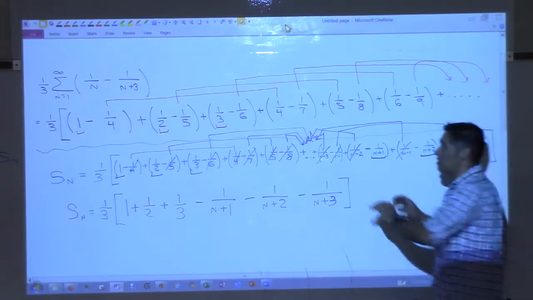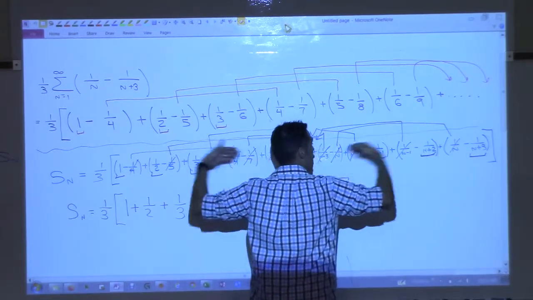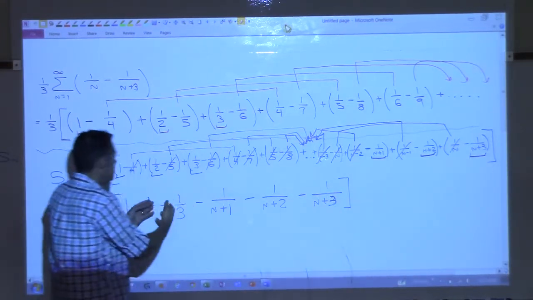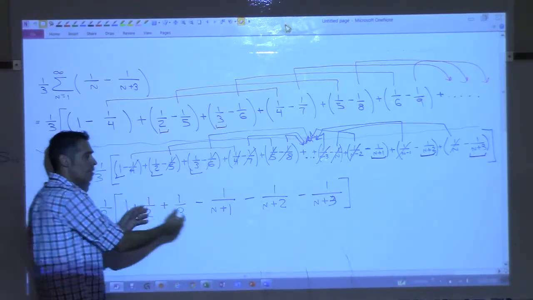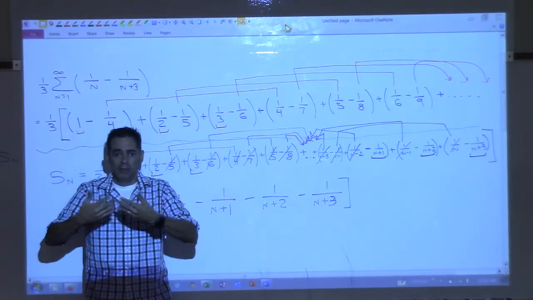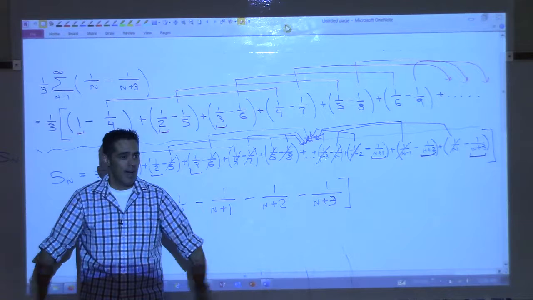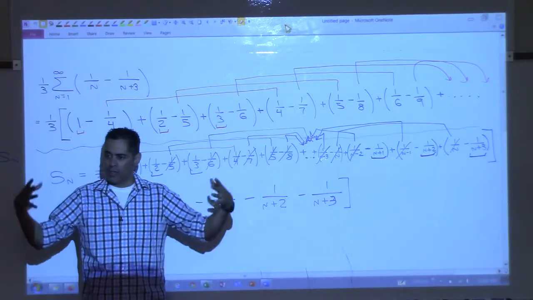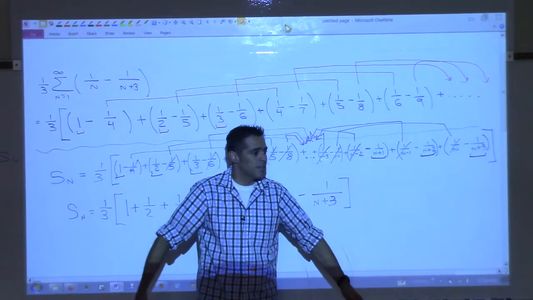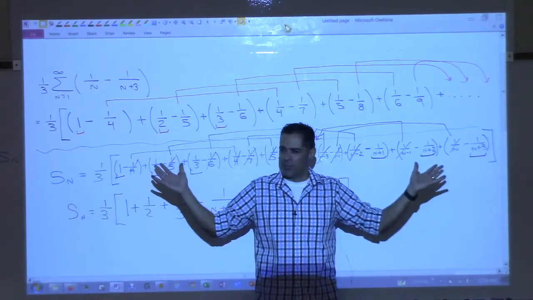So instead of having this huge sum, after all that canceling is done, we wound up with a little bit of stuff from the beginning and a little bit of stuff from the end, right? Everything in the middle did what? Collapsed out, fell out, like a bridge, okay? The center of the series collapsed, and you're left with the two ends of the bridges, so to speak.